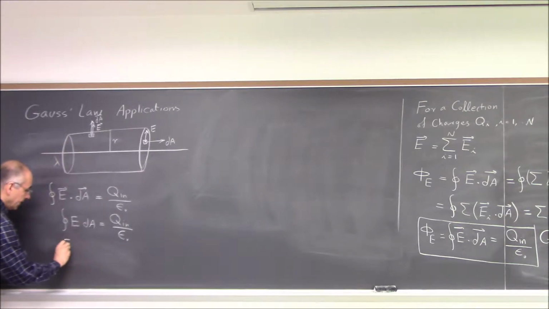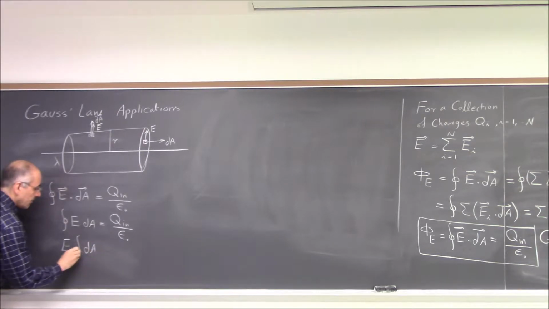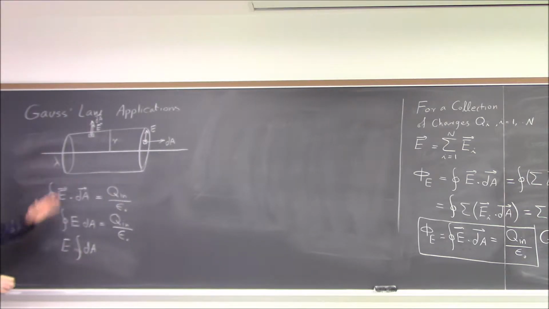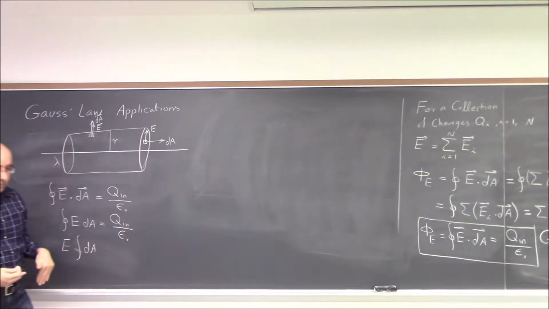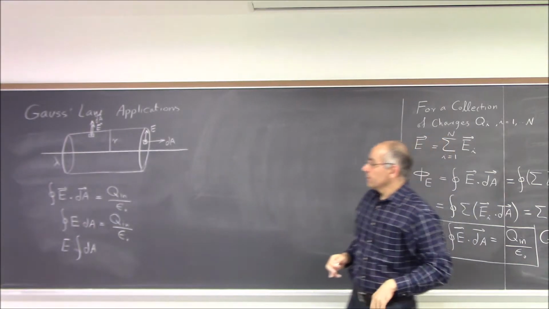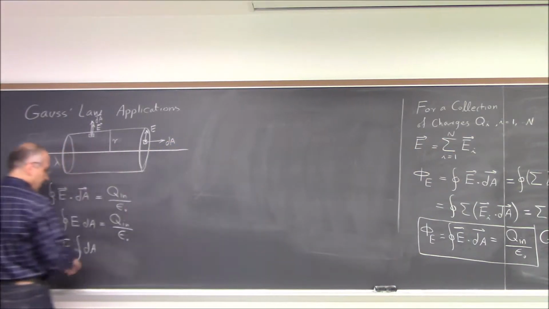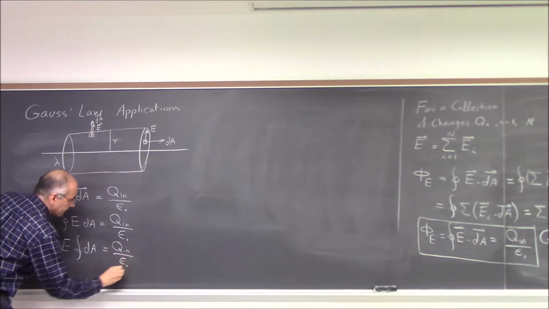This becomes E magnitude times the integral of dA. And we know that there is only a contribution from the round side of the cylinder, not the two lids on the sides. So E times the integral of dA equals Q inside over epsilon naught.